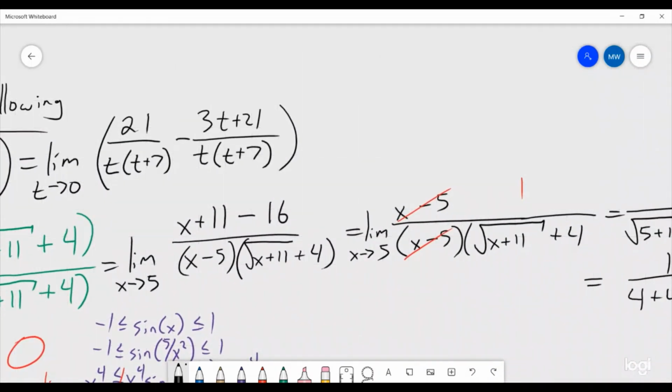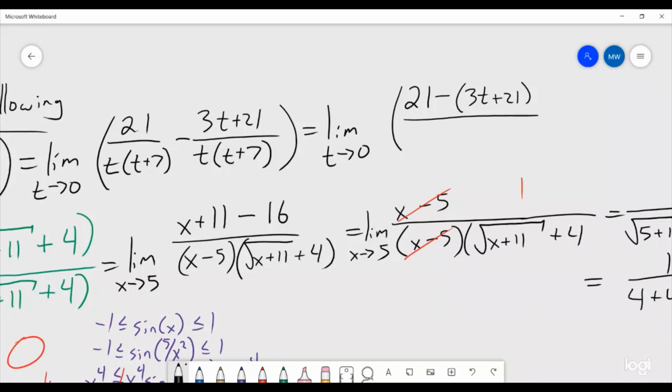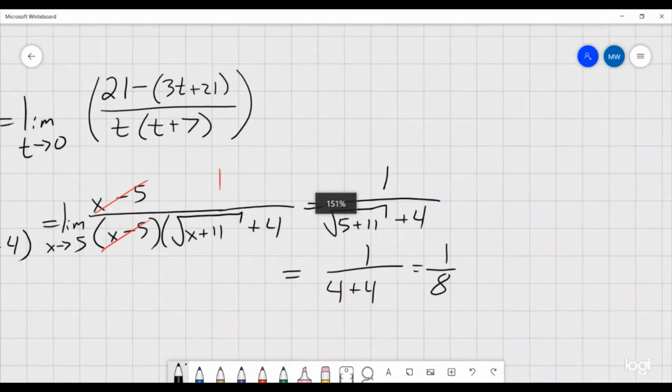Now if we combine these fractions, this becomes the limit as t goes to 0 of 21 minus the quantity 3t plus 21, all over t times t plus 7.